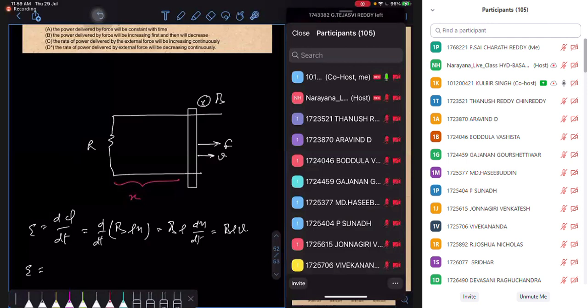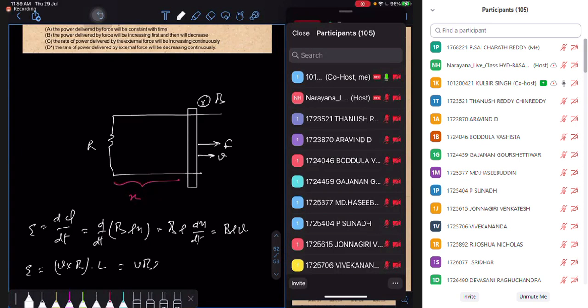This EMF is not caused by a change of B. Again, B is constant here. So who is responsible for this EMF? The responsible cause here is my motional EMF. So this same EMF must come from V cross B dot L. If we open the cross, V cross B is in the perpendicular direction, so VB is in the direction of my length.